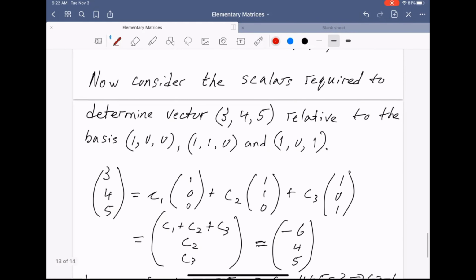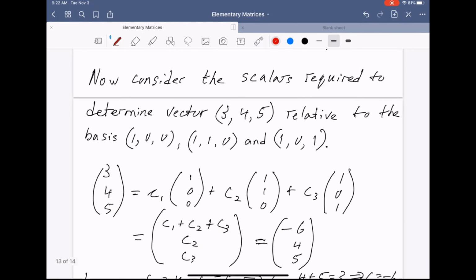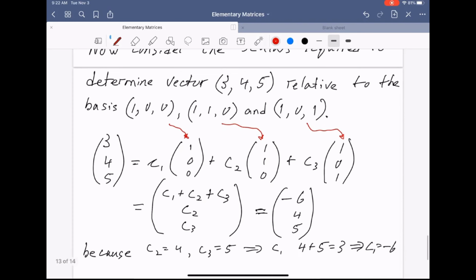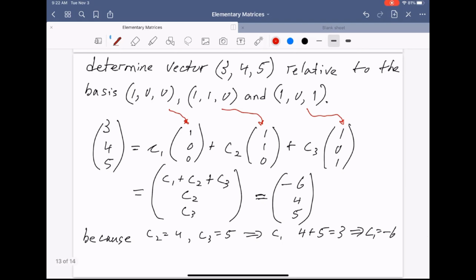So we have 3, 4, 5 is equal to C1 times this basis vector, plus C2 times this one, plus C3 times this one. And when we do that, we get C1 plus C2 plus C3 as our first element.